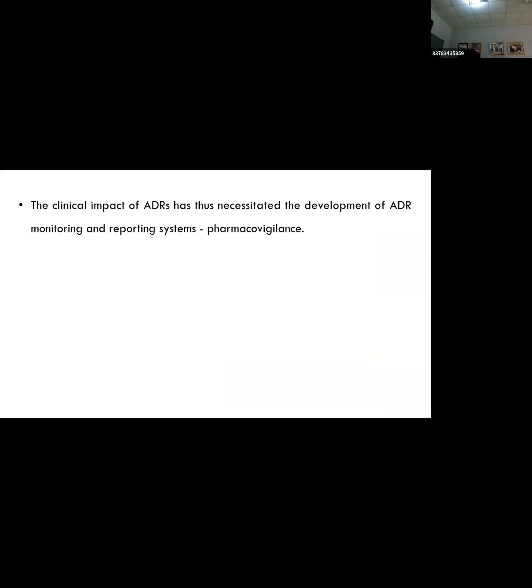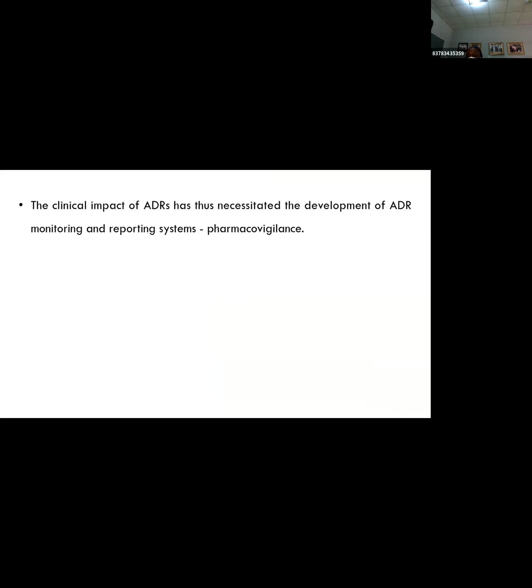Now, basically, the epidemiology and the impact of adverse drug reactions led to the development of further aspects to try and understand them further. Now we were brought up to the concept of pharmacovigilance, right?